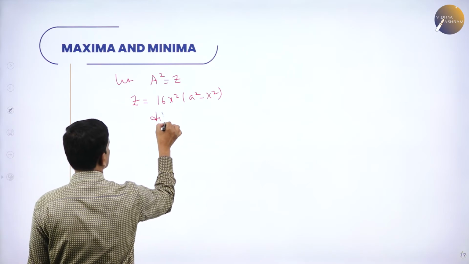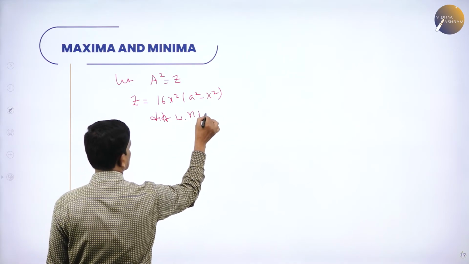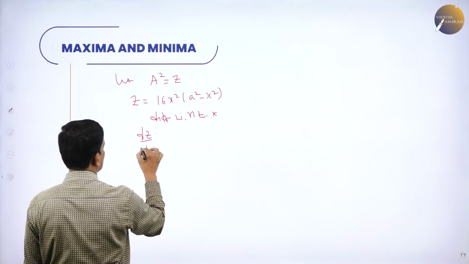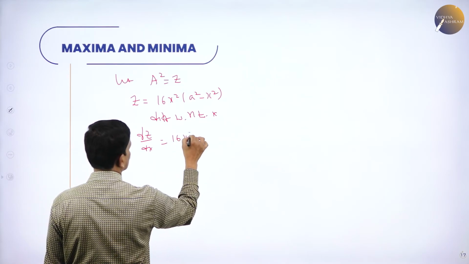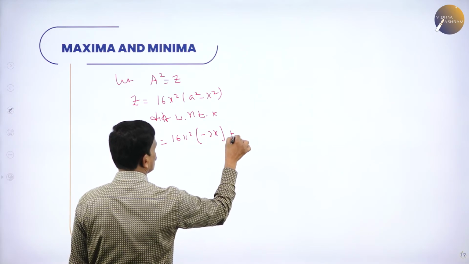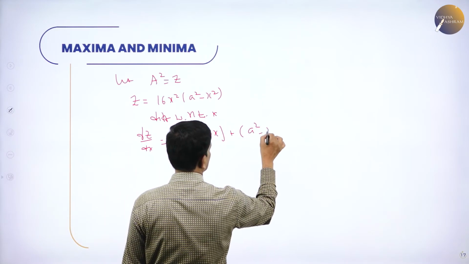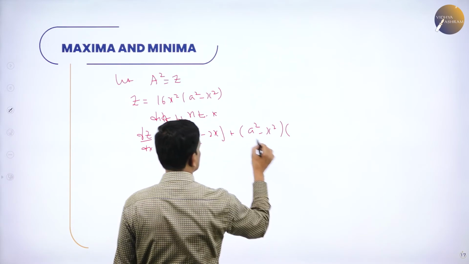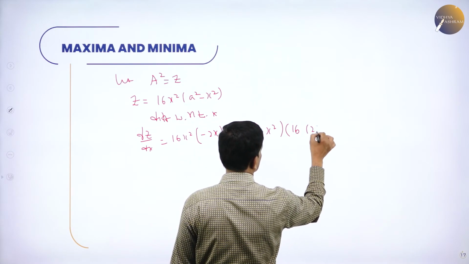Now differentiate this with respect to x. dz/dx is equal to the first function, differentiation of a² − x² is −2x, plus the second function a² − x² into 16, as it is, differentiation of x² is 2x.